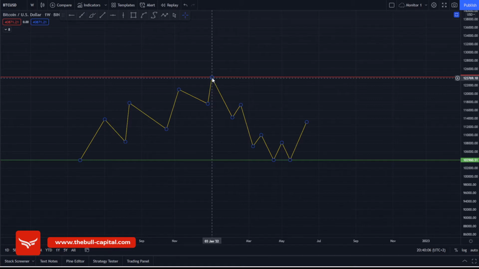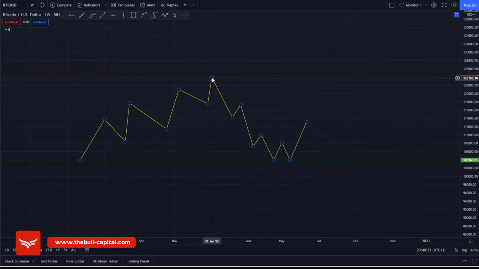What actually happens behind this is that as the price gets closer and closer to the resistance, it becomes more expensive in the process. So sellers are more likely to sell, and buyers become less likely to buy.